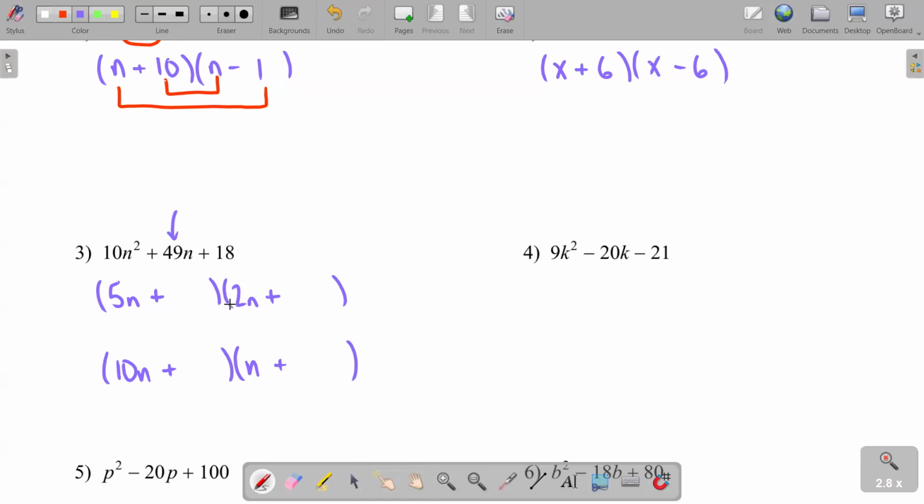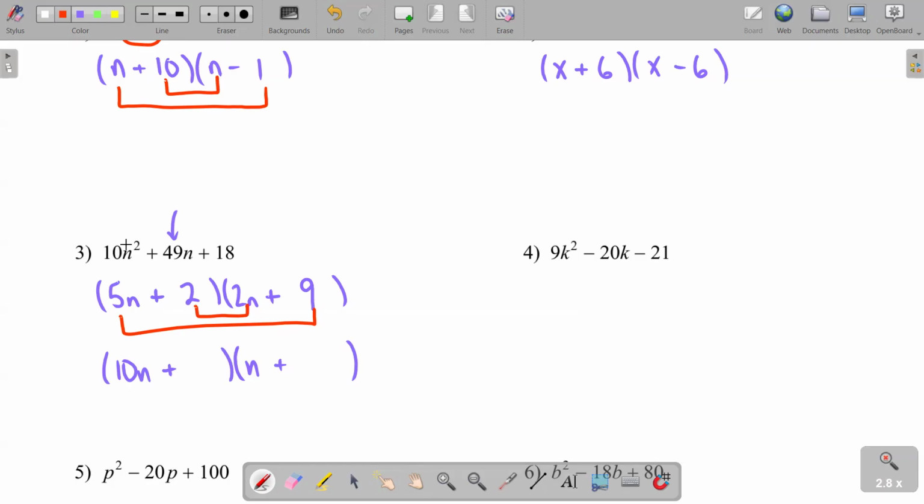I feel like putting the 9 across from the 5 is a smart play, right? I mean, you could try 18 times 1 or 3 times 6, but my spidey sense is telling me if I put a 9 across from the 5, I can buff that number up, and 9 and 5 make 45. So, I mean, I'm not where I want to be. I want to be at 49, but 9 times 2 makes 18, and oh, how convenient that 2 and 2 make 4, and then 45 plus 4 makes 49.